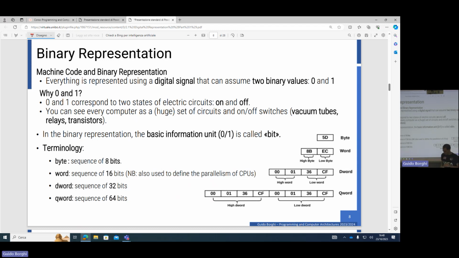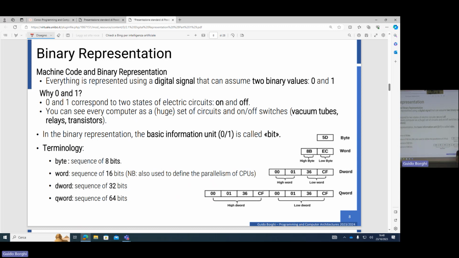In the binary representation, again, the basic information unit, 0 or 1, is called a bit. So a single bit can have two values, 0 or 1. And then we can introduce this terminology. We have a byte of information when we have a sequence of 8 different bits.